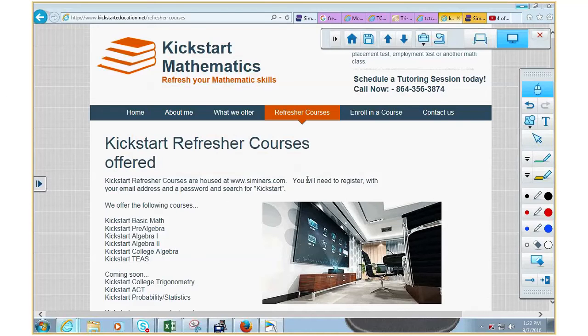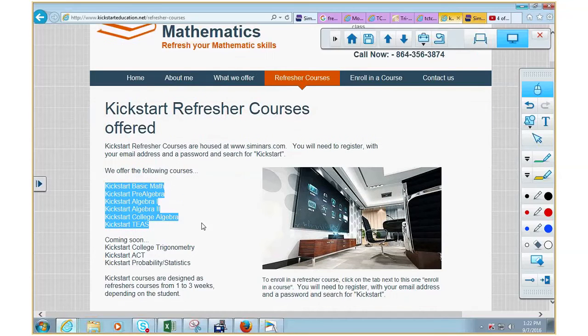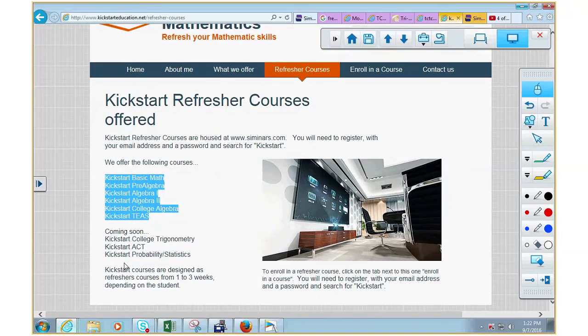Well, it's up. And so far I have 6 courses that I've developed. Now these are not courses to last the whole semester. These are courses like 1 or 2 weeks. Refresher courses. And I'm going to do one for ACT, one for trig, one for probability, and somebody told me I need to do one for calculators.